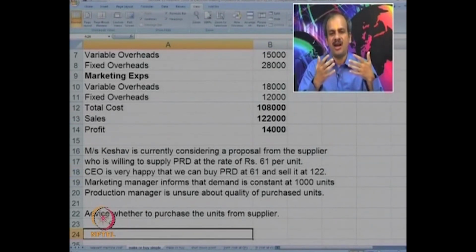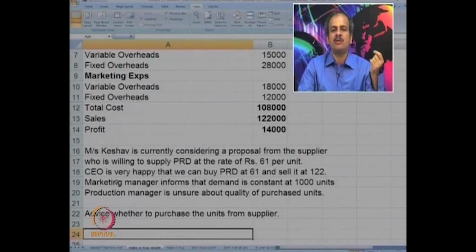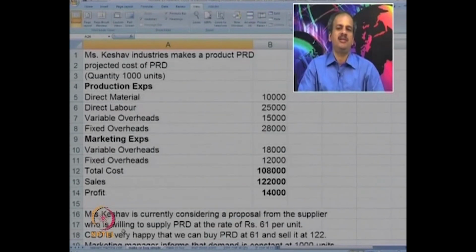So there is a clear surplus. But the marketing manager informs that demand cannot exceed 1000. So currently we are making 1000, and the same will remain even if we decide to buy from outside. The production manager is not sure about the quality of purchased items. So advise whether we should purchase or continue making. Now how will you take the decision? Just think over what will be the relevant cost for this decision.